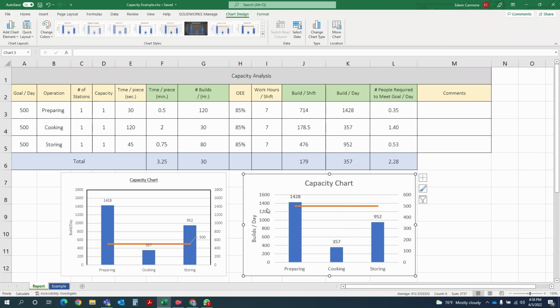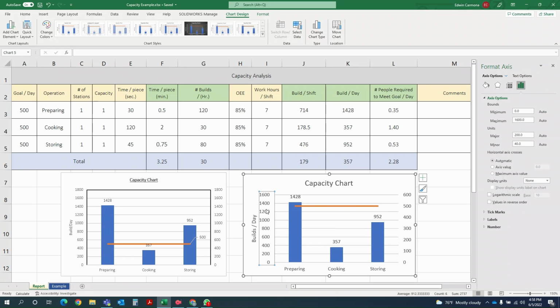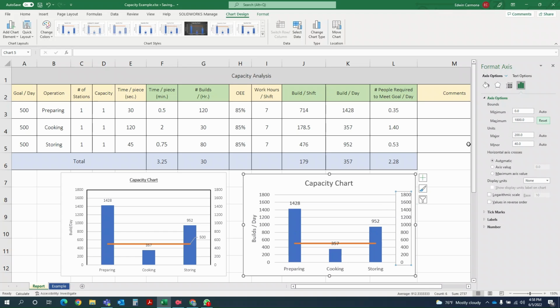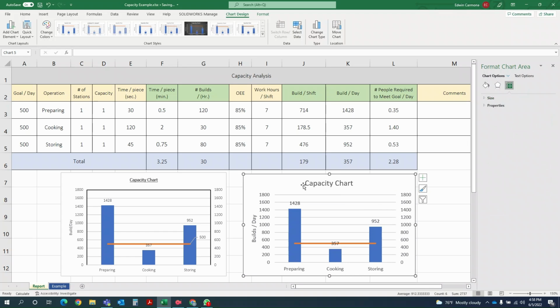But now you can see this chart axis is different from this, so let's just match it. If I double click here, you see your minimum and maximum. I'm going to boost this up to 1800, and do the same there. Now they should match, and there you go.